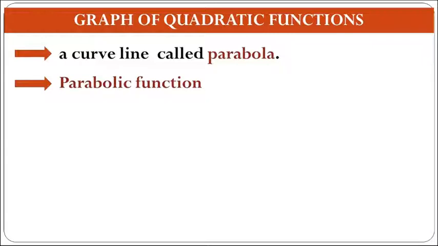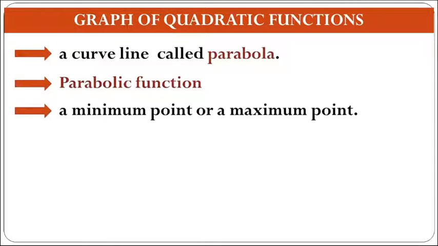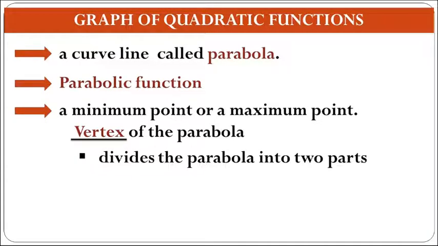The graph has a minimum or a maximum point, known as the vertex of the parabola. The vertex divides the parabola into two parts. One part is increasing and the other part is decreasing.